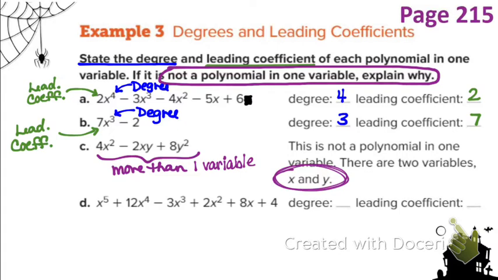What about part D? What is my degree? 5. What's the leading coefficient? 1. There is no number in front of x to the 5th, so my leading coefficient is a 1. 1 is the only number that when I've got it next to a variable is allowed to be invisible.